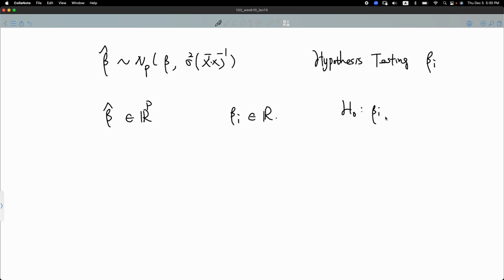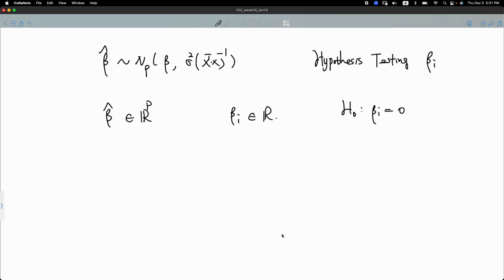And then we are using the data that we collected to calculate the beta hat, and then we hope that this beta hat can tell us some information regarding the true beta that is without the hat. So when you write down the hypothesis, always write down the parameter without the hat. The hat is coming from the data. The beta hat is always coming from data, and then you want to use that to make some inference regarding the true parameter. So here we write down the null hypothesis that beta I equal to 0.